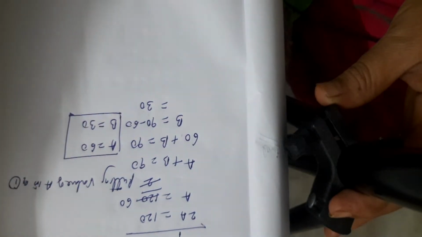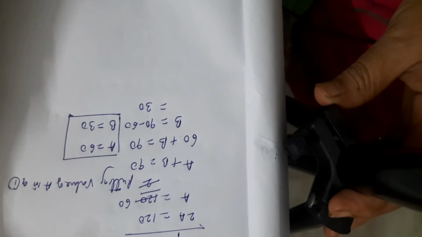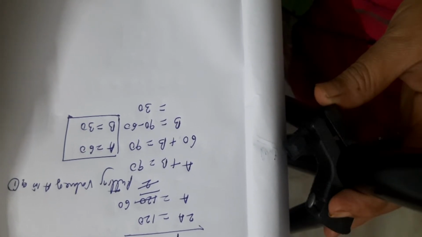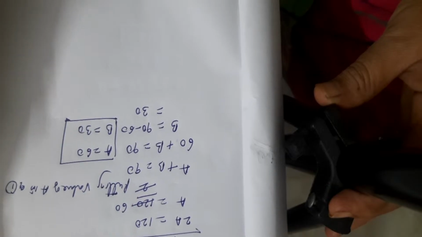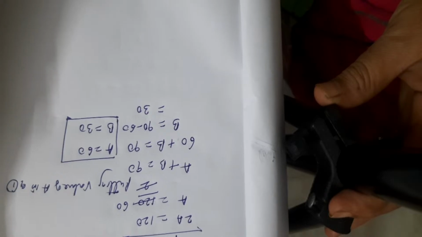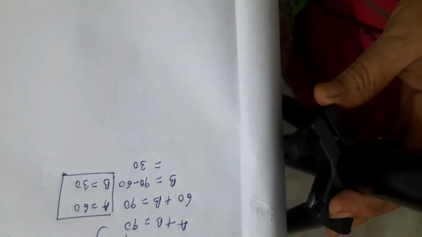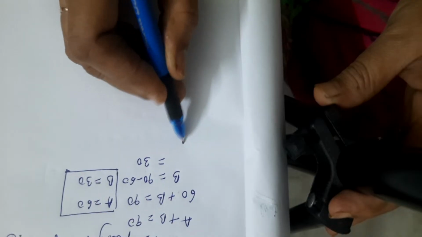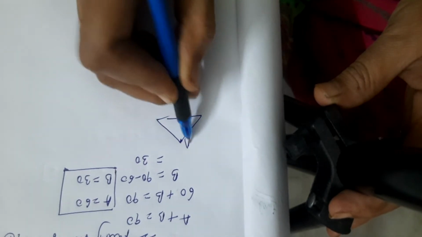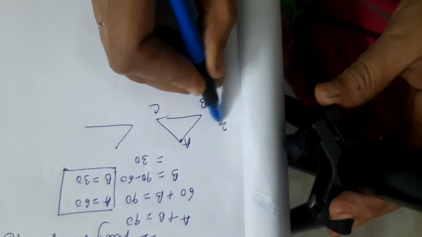Now question number 23. It's given from chapter number 6. AP and DQ are the medians of triangles ABC and DEF respectively, where both the triangles are similar. You need to prove AB upon DE is equal to AP upon DQ. This is question number 23.